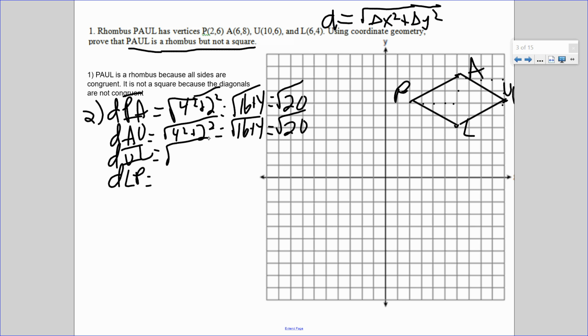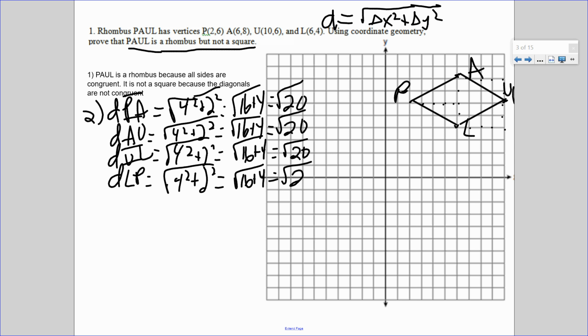UL, 1, 2, 3, 4, 1, 2. 4 squared plus 2 squared equals radical 16 plus 4 equals rad 20. And LP, 1, 2, 3, 4, 1, 2. 4 squared plus 2 squared equals radical 16 plus 4, which is radical 20.